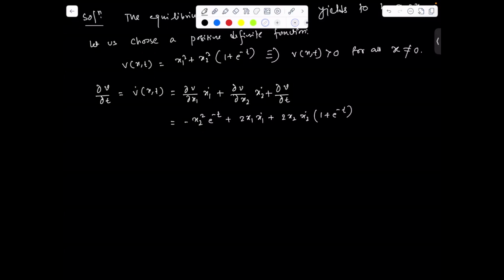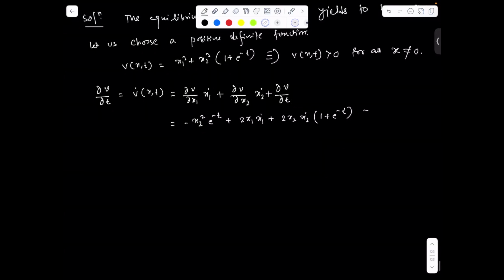Now you will substitute the expressions of x1 dot and x2 dot in this equation. So let us define this as equation number 3.